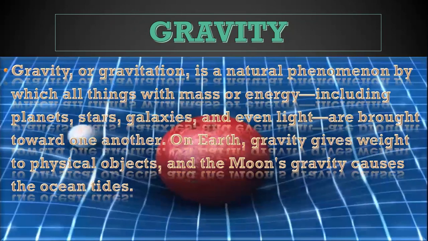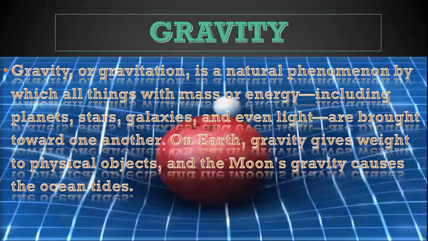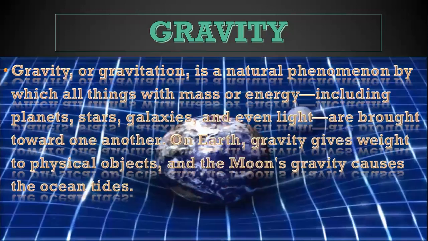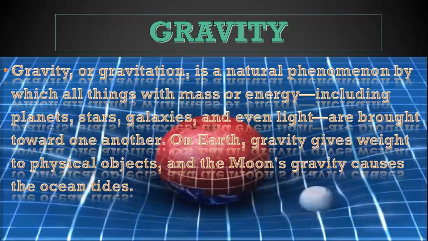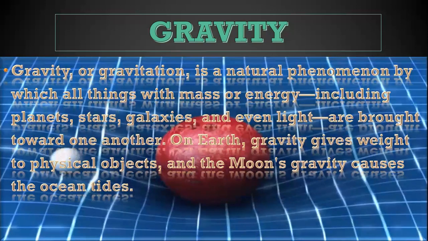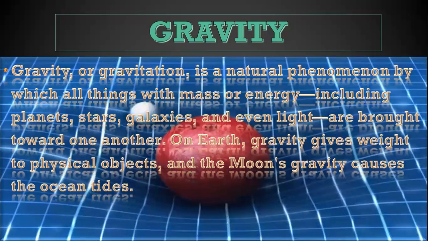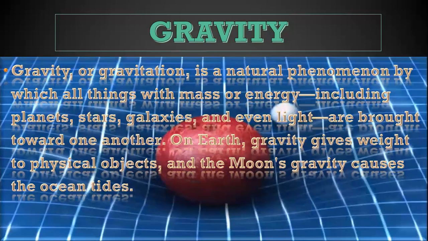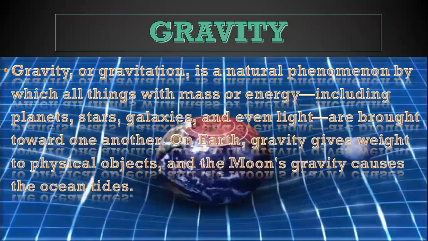He thought to himself, no one had pushed or pulled it. He realized that there must be a force that pulled it towards the earth. He called this force, which pulls things towards the center of the earth, gravity. It means the force which pulls things towards the earth is called gravity.